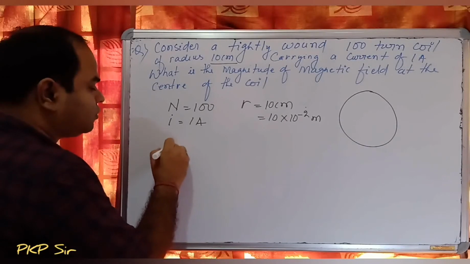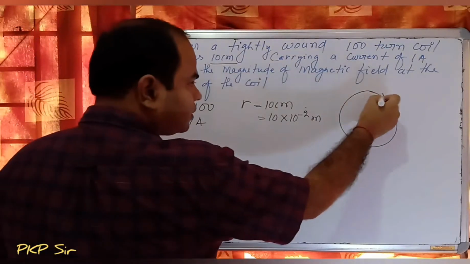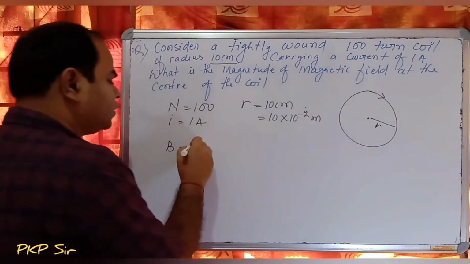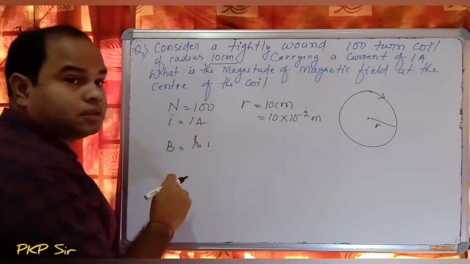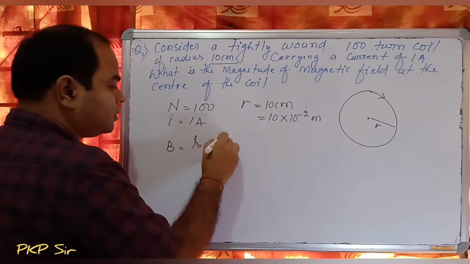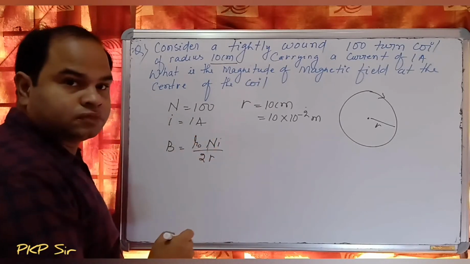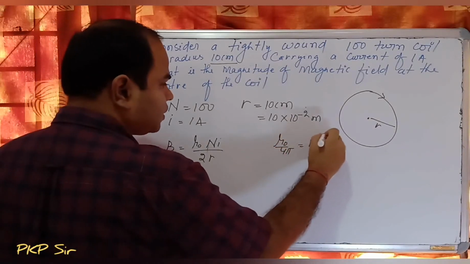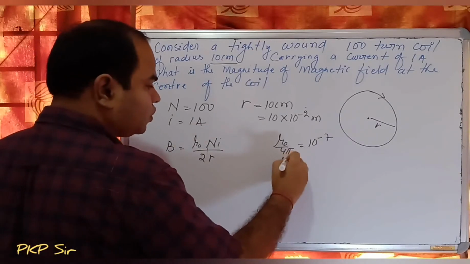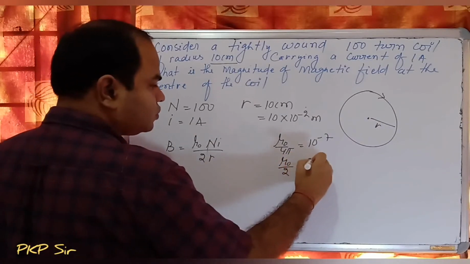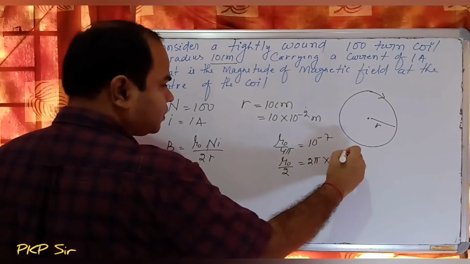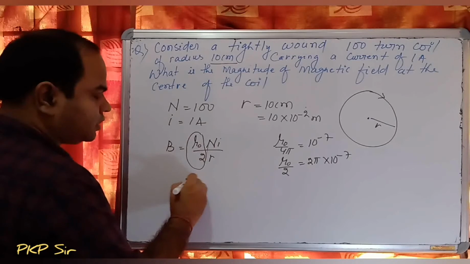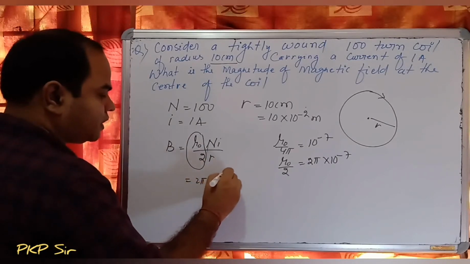So B is equal to how much? Magnetic field at the center, that is mu naught nI divided by 2r. We know that mu naught by 4 pi is equal to 10 to the power minus 7, so mu naught by 2 will be 2 pi into 10 to the power minus 7.